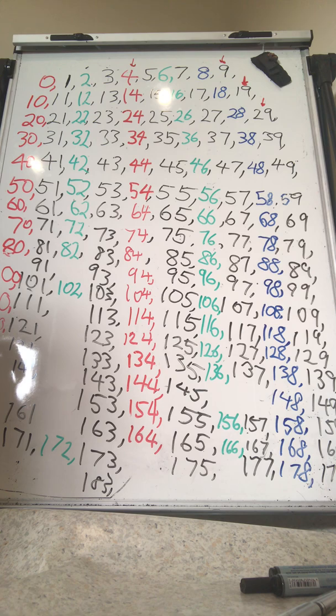So 73 is 64 plus 9, yeah? Are you saying 73 is 9 times 9? Yeah. But it's not. So 73 is 8 times 9 plus 1.